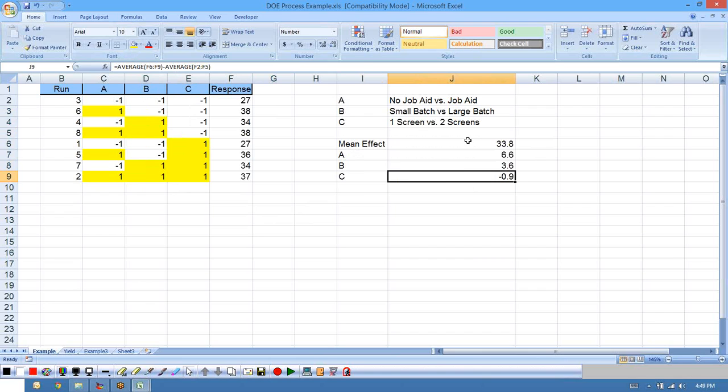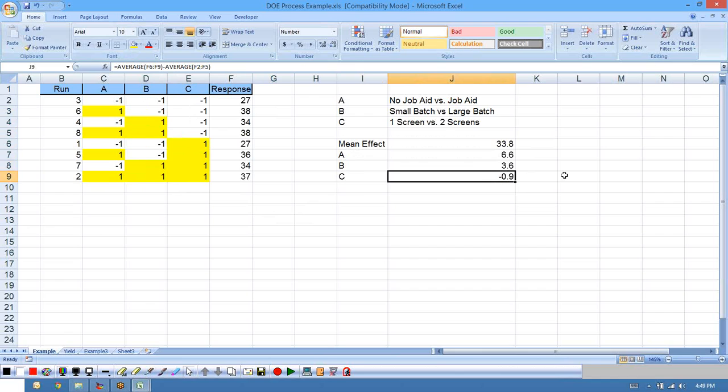The effect of A was pretty big. The effect of B was a little bit smaller, and the effect of C was pretty small indeed. Now, maybe C didn't do anything, and this turns out to be statistically insignificant. More on that in just a moment.